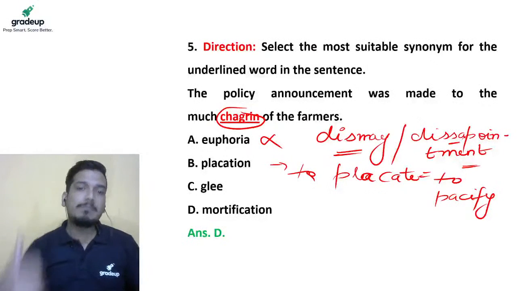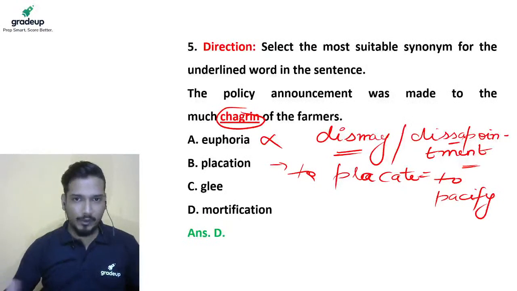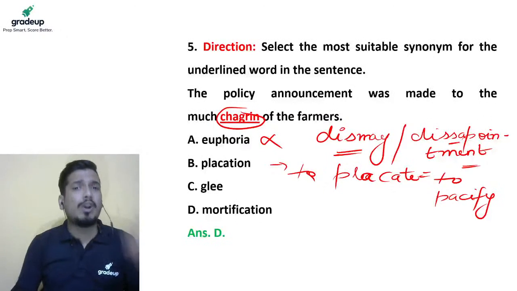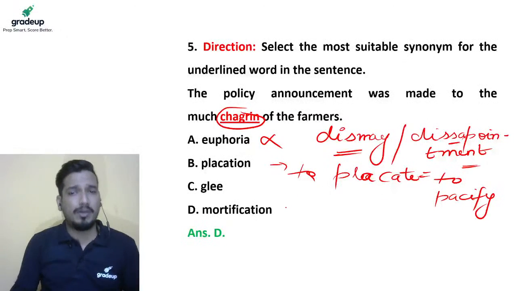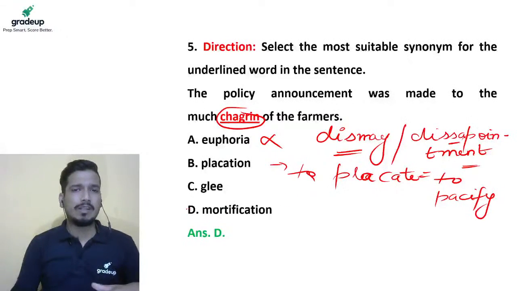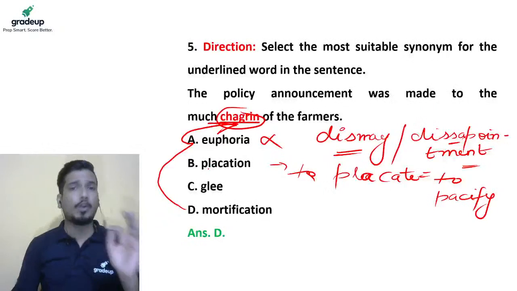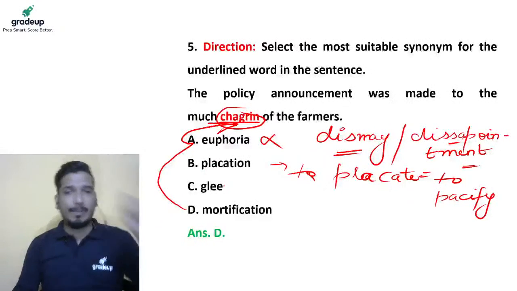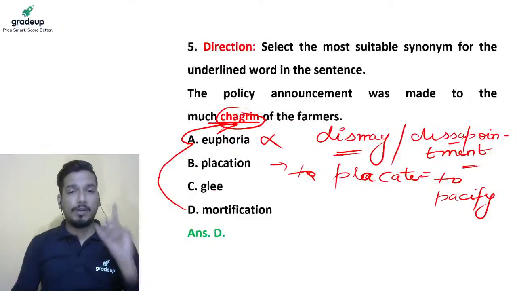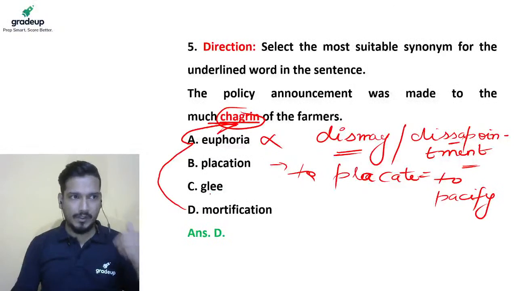One meaning is embarrassment or disappointment. When you're embarrassed, you're disappointed, in that sense. So it's a close synonym of chagrin, not an exact synonym, but a close one, and the best of the lot.